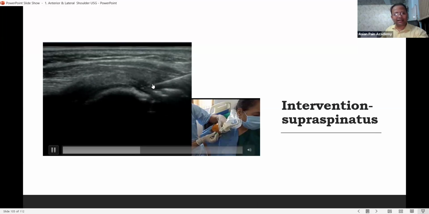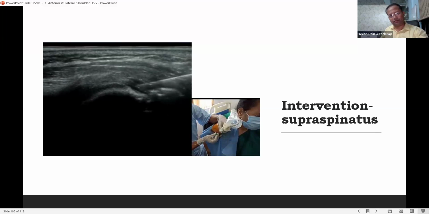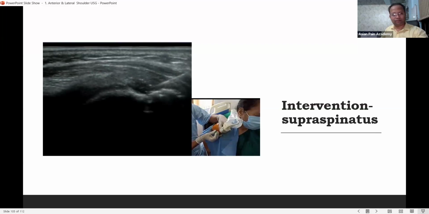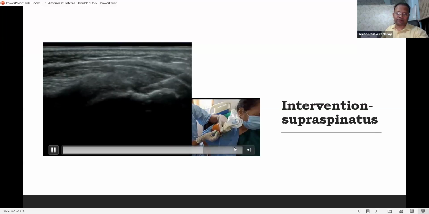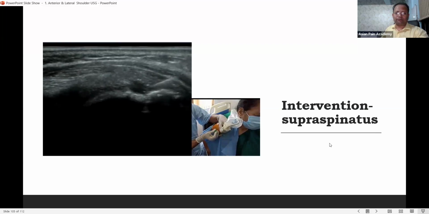At that area, we are injecting the PRP actually. Supraspinatus tendon PRP injection.